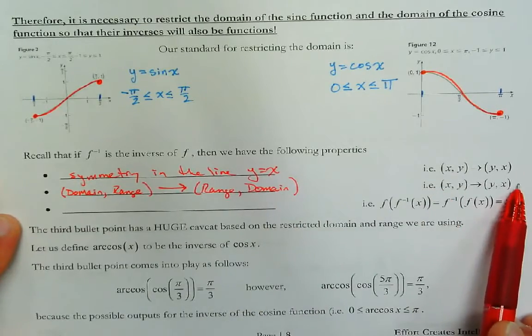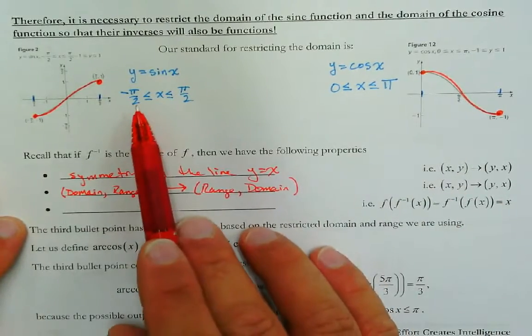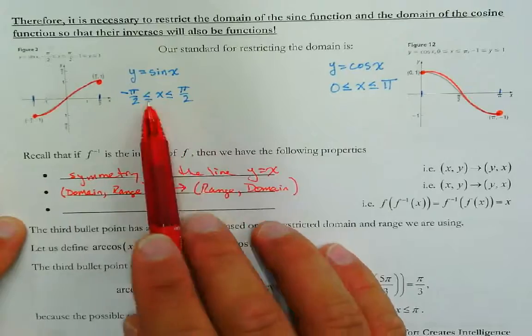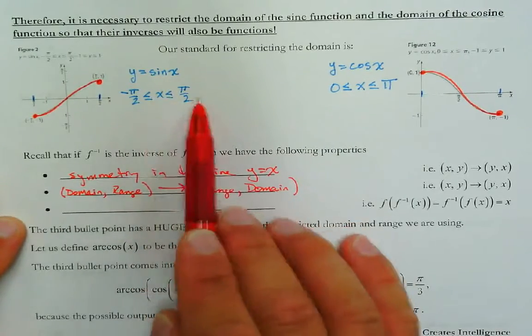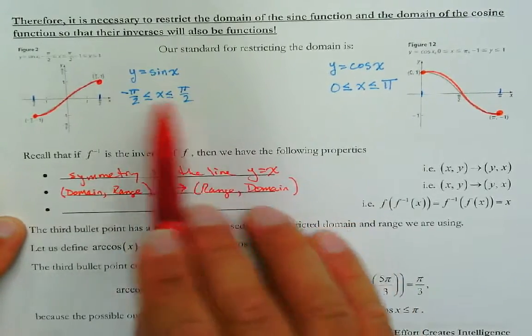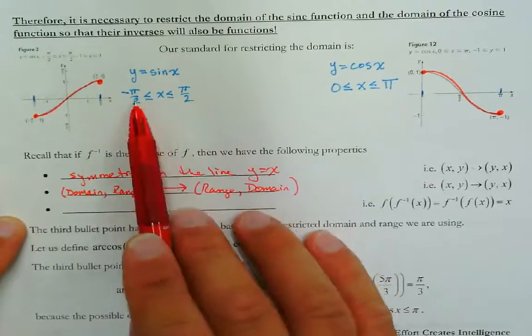Same idea here. So what's important to realize is that if this is the restricted domain for my function, then this is going to be the output, the range of the inverse.